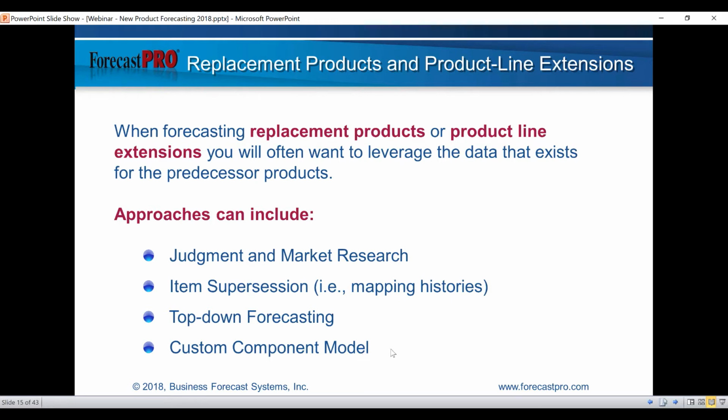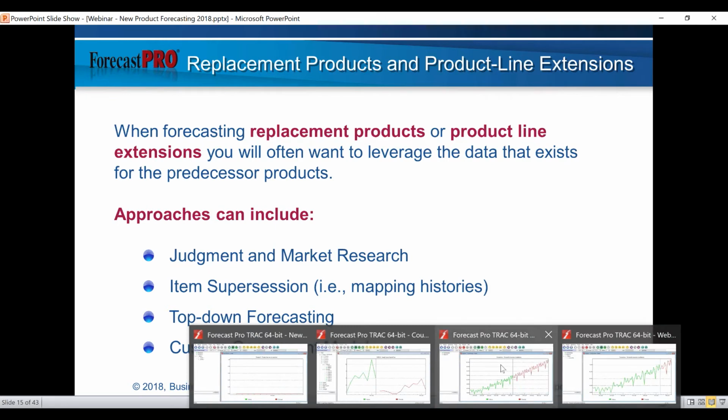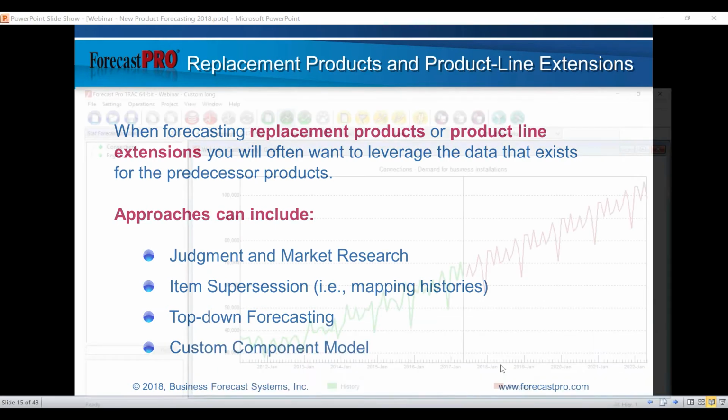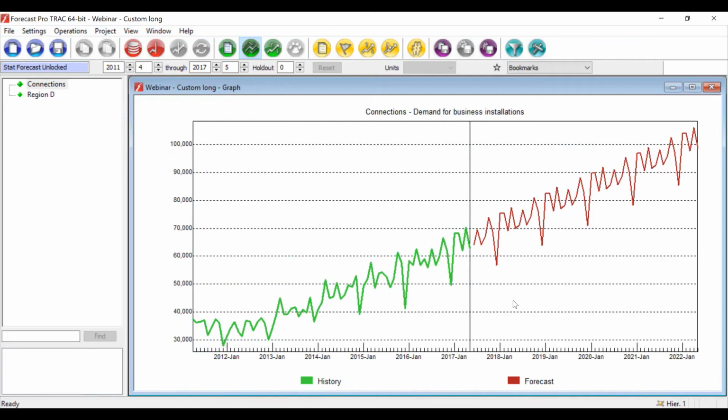The last one on our list here is custom component models, and this will be new to many of us. The custom component model is a technique that's not only useful for new product forecasting, but also in other circumstances as well. It is a method that was developed by Business Forecast Systems and is implemented in Forecast Pro, and currently it's unique to Forecast Pro.